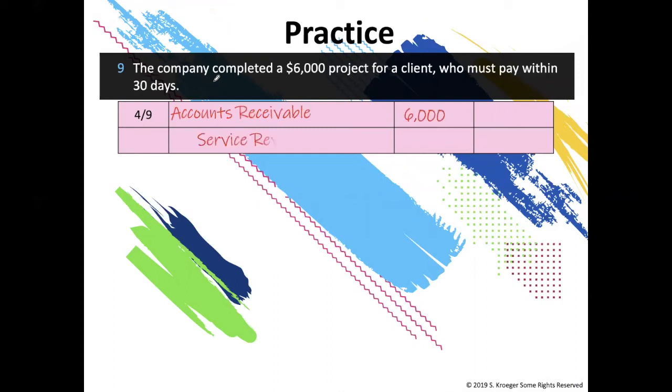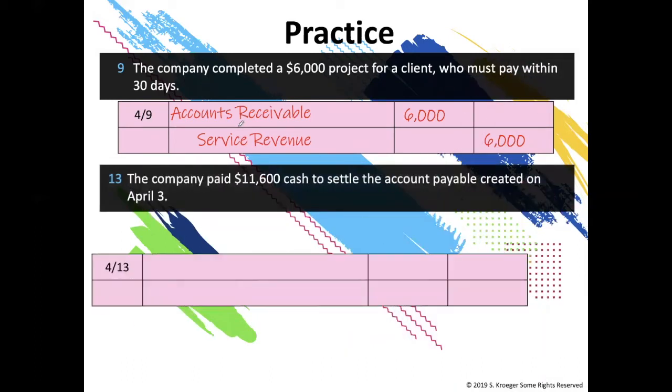It was 6,000, and we have service revenue of 6,000. Remember, revenues, I just showed you and I went backwards, has a credit balance. Accounts receivable is an asset. It has a debit balance, and this account went up. Someone owes us money, we're keeping track. We're going to add that to this account. If they pay us back, we will then subtract from there, and I'll show you how to do that coming up soon.